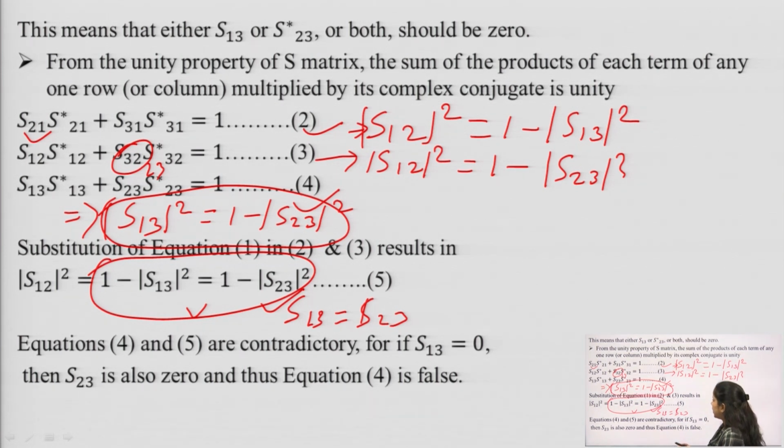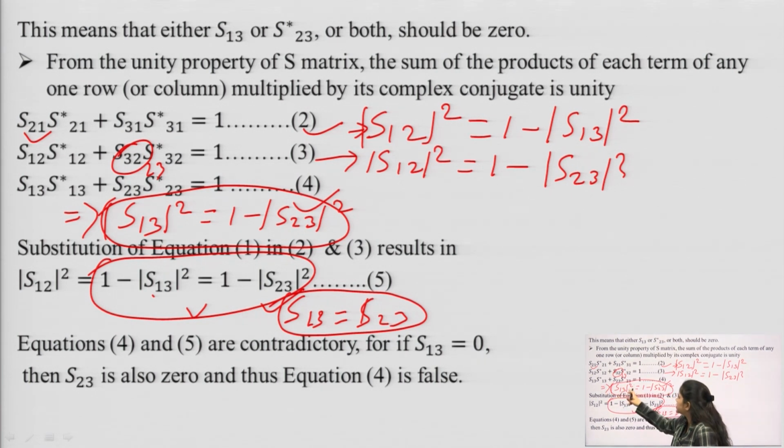Again we are saying that equation 5 says 1 minus S13 square should be equal to 1 minus S23 square. According to that, both S13 and S23 should be equal, but as per the equation 4, S13 mod square should be equal to 1 minus S23 mod square.